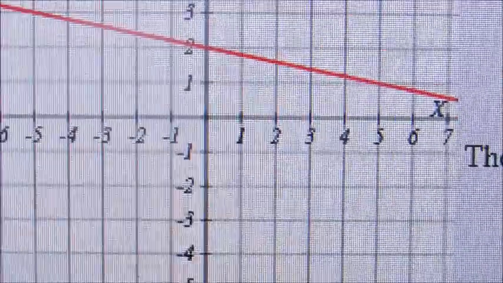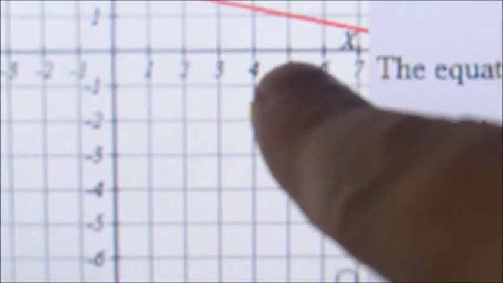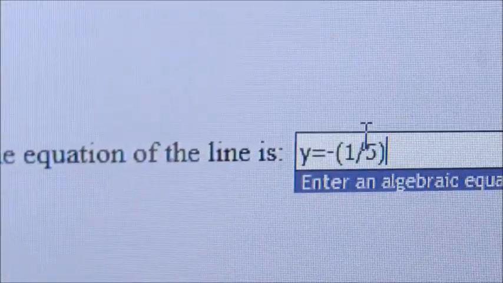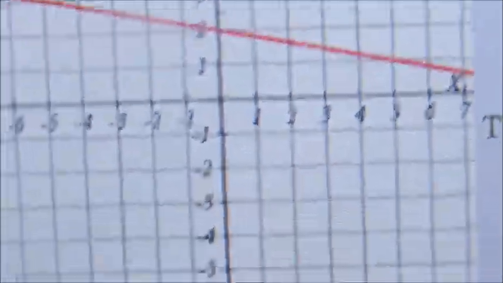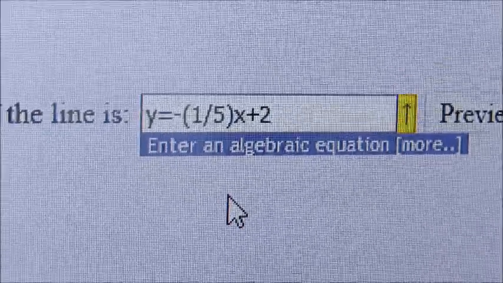So it went down 1, so I'm going to put 1 divided by, and it went over 1, 2, 3, 4, 5. So 1 over 5, close the parentheses, x, and it crossed at +2. So -1/5 x plus 2.